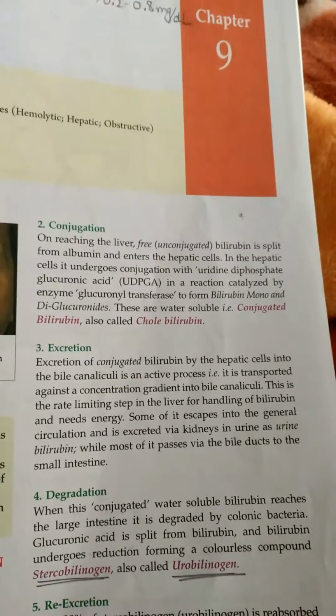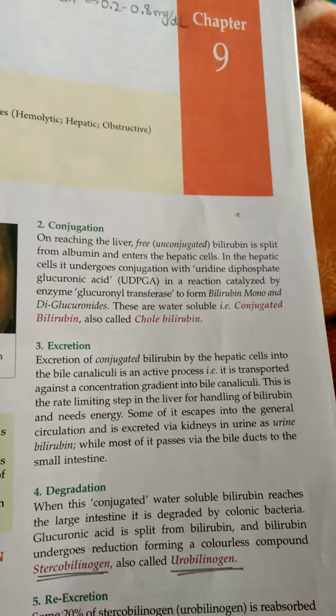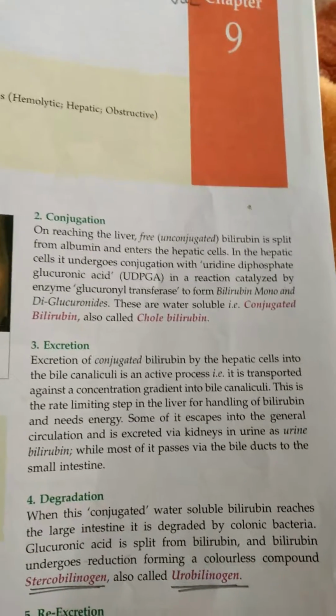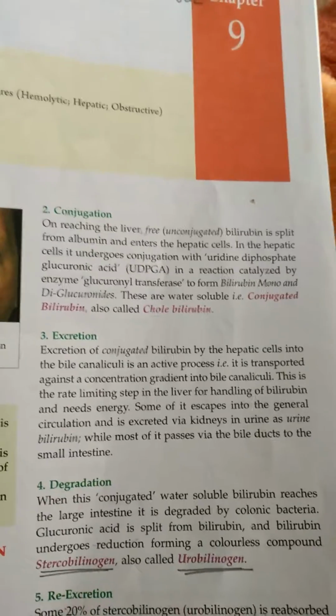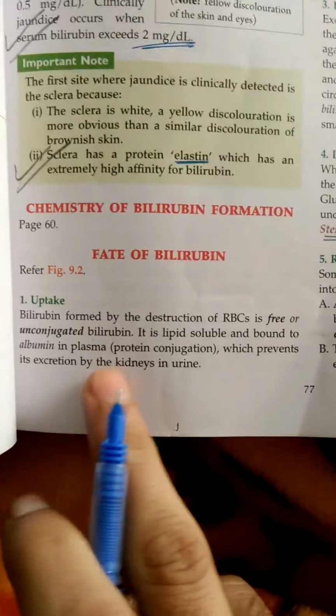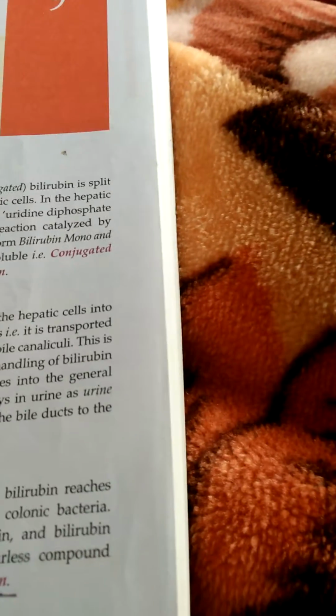So the function of conjugation is performed by the liver, and once it gets conjugated, it becomes water soluble. Firstly, it was lipid soluble, which prevents its excretion by the kidneys in urine. But after conjugation, it becomes water soluble. That means it can be excreted via urine.